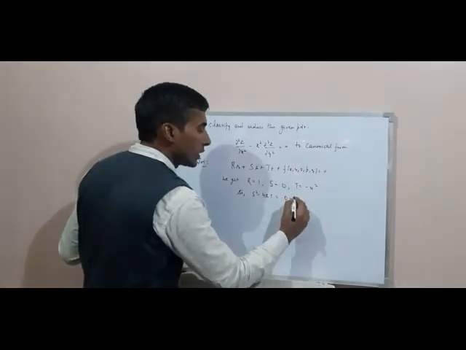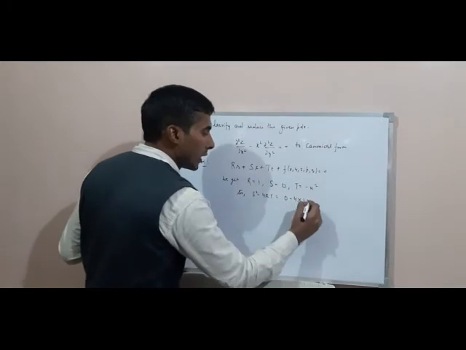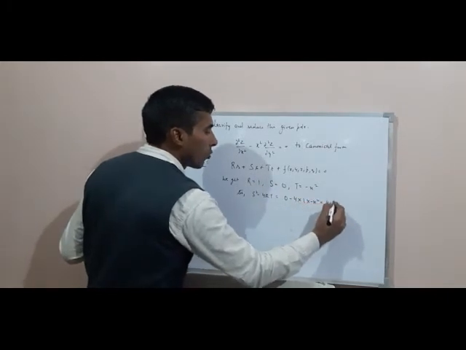This is 0 − 4 into R, which is 1, into −x², so this is 4x².